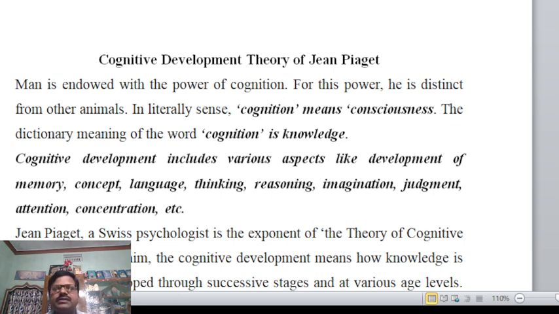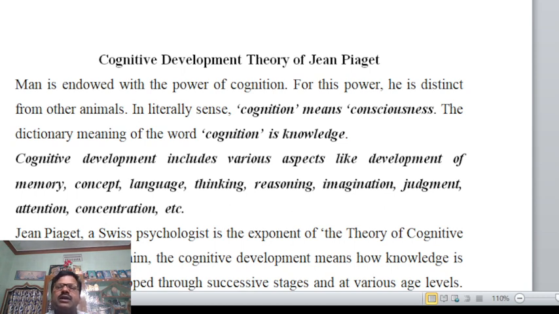Today I will discuss the cognitive development theory of Jean Piaget. You know, Jean Piaget was a renowned psychologist of the world who contributed the cognitive development theory, which is also called the cognitive substitute theory.